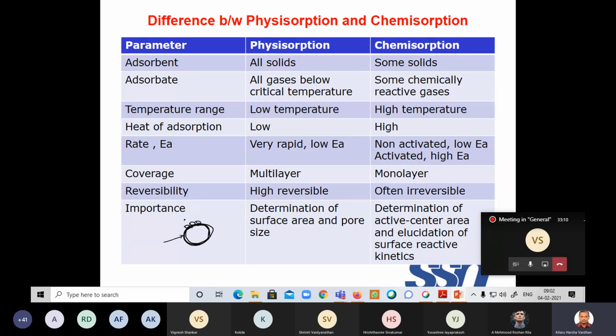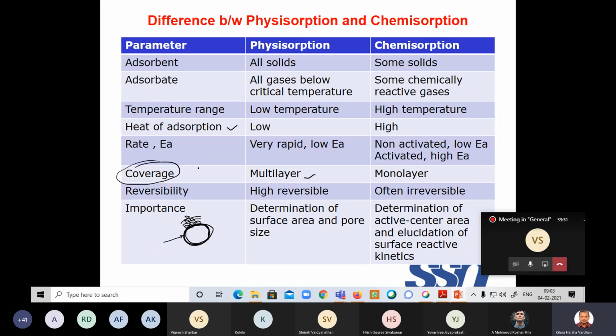If the gas is covering like this, that is, this is one layer, above that layer one more layer, above that layer one more layer, then we call it multilayer, right? So that's the difference.